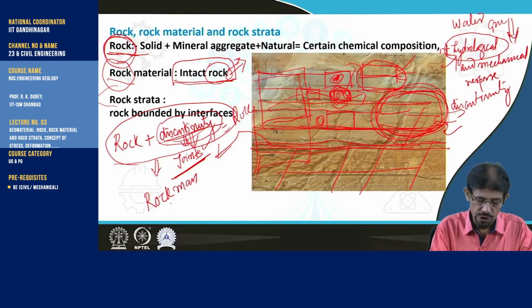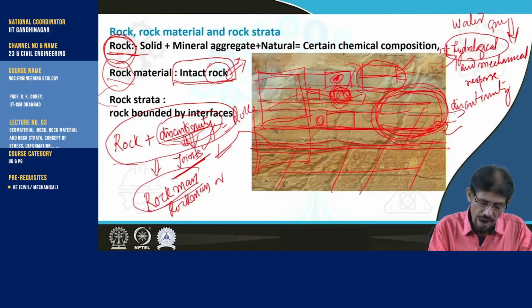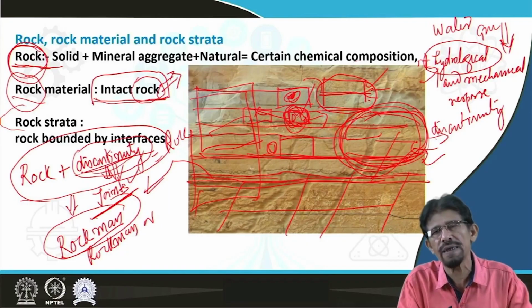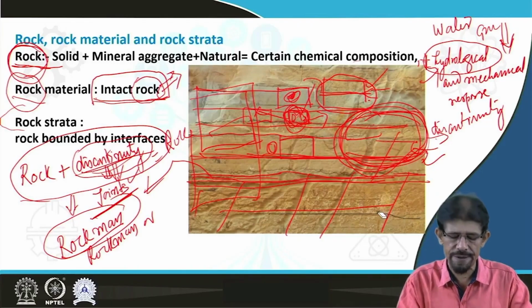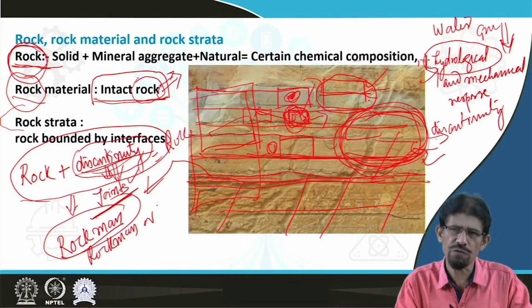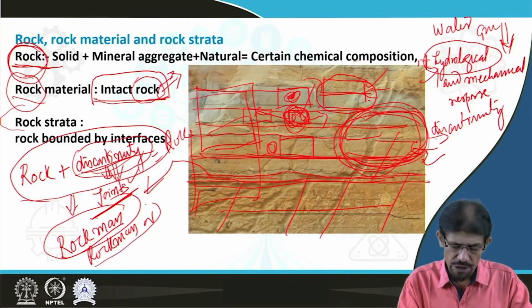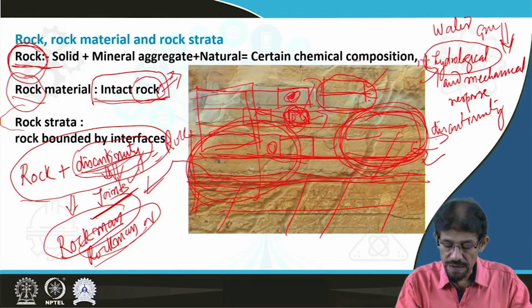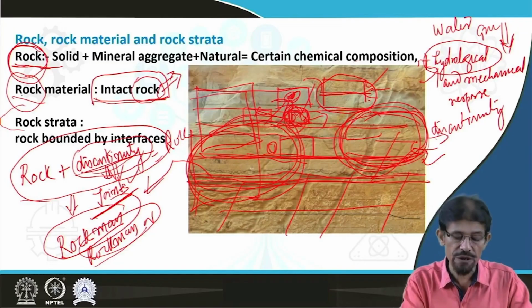You can use this term rock mass as a single word, or you can use rock mass as separate words. So this rock mass is a geomaterial consisting of rock and joints, or consisting of intact rock and discontinuity. Due to presence of this discontinuity, there are far different attributes in comparison to the rock.